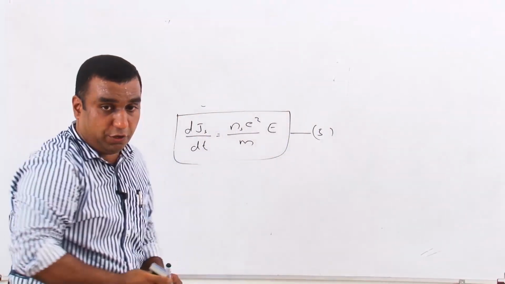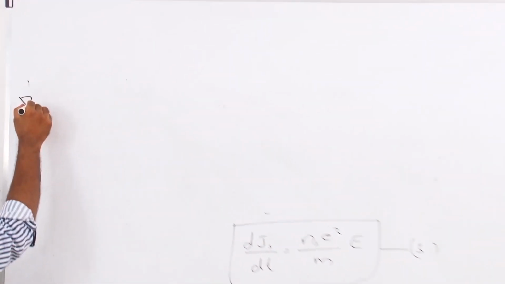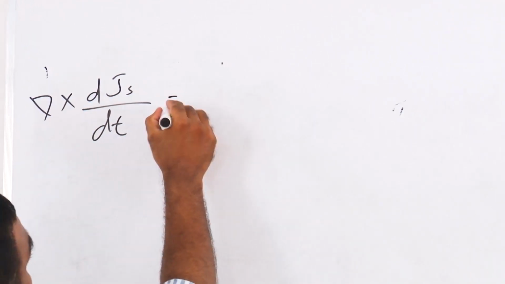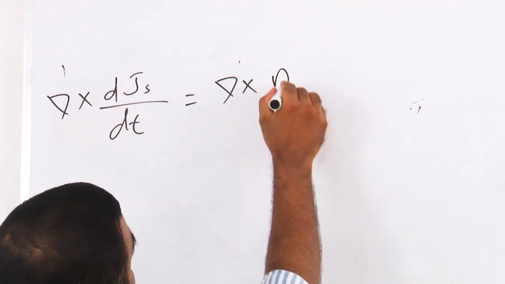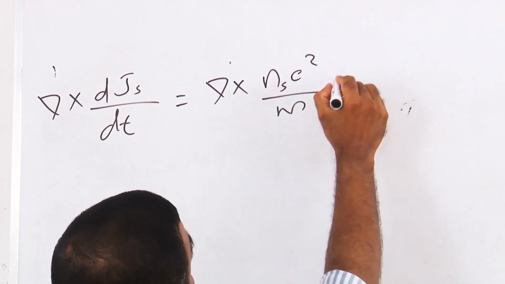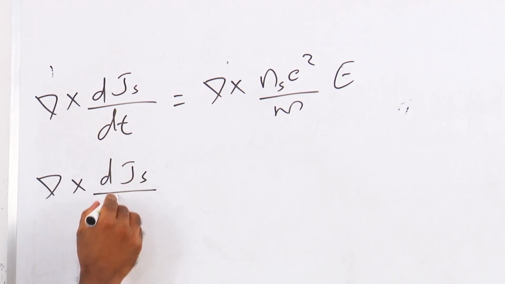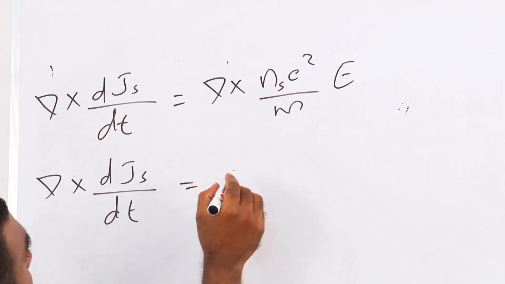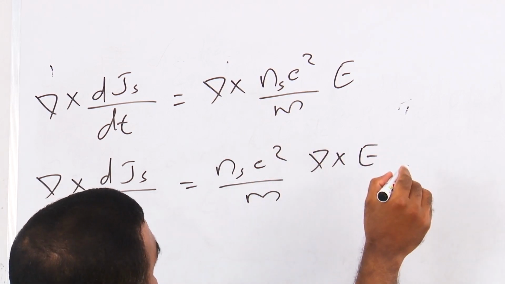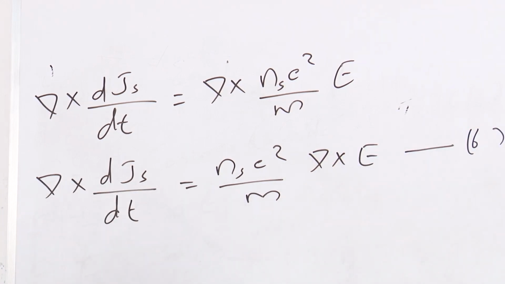We can take the curl of equation 5, which gives del cross dJs by dt is equal to del cross ns e square by m into E, or del cross dJs by dt is equal to ns e square by m into del cross E. But we know del cross E is equal to minus dou B by dou t.